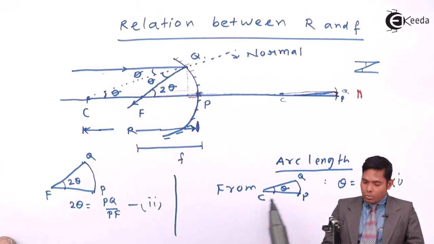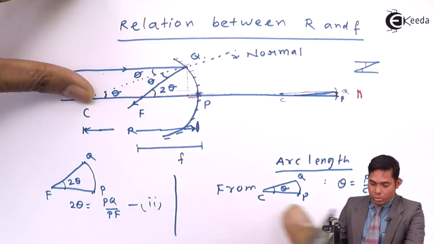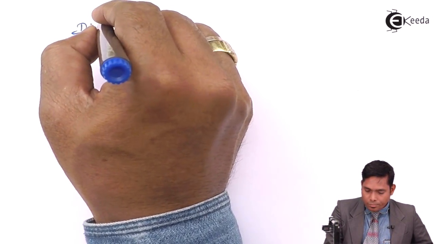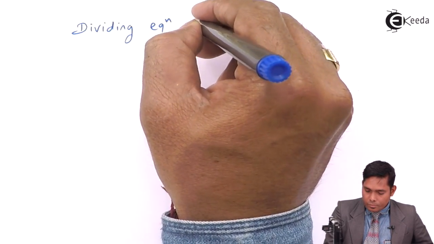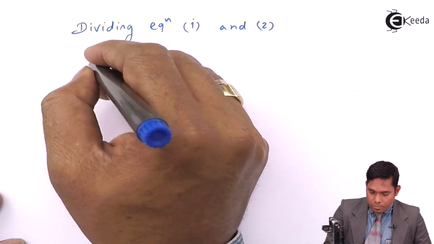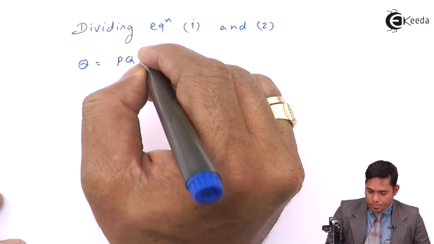If I compare these two, I will write theta in place of theta here, or I can divide these two equations. So let us divide those two equations to get what? Dividing equation 1 and 2. Theta is PQ upon CP.